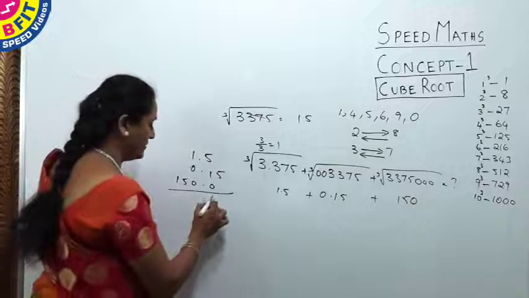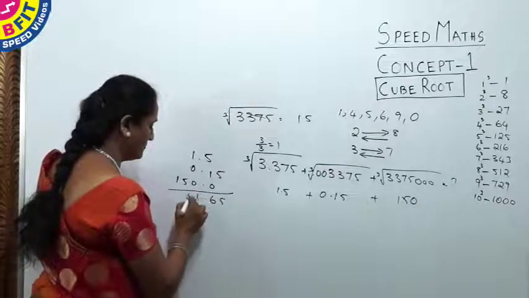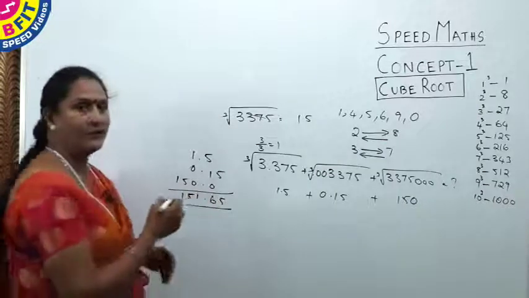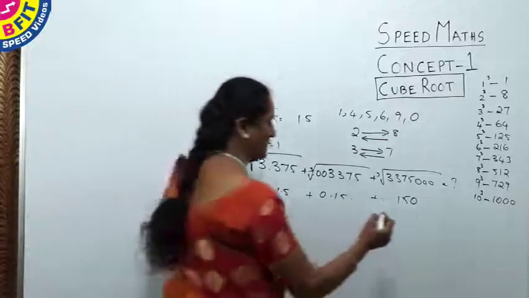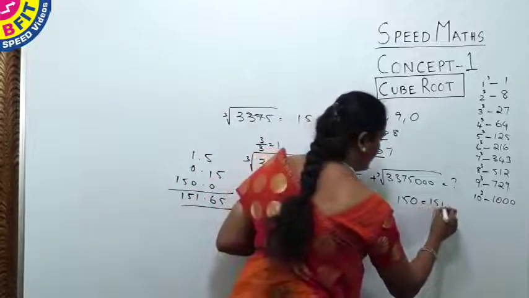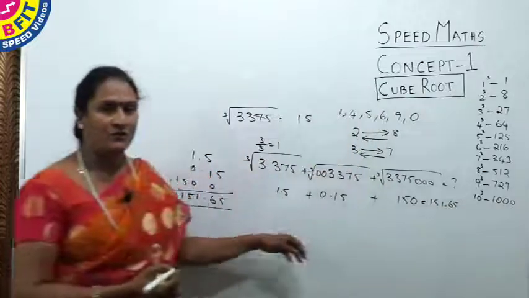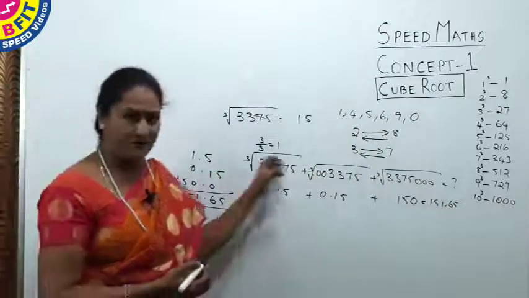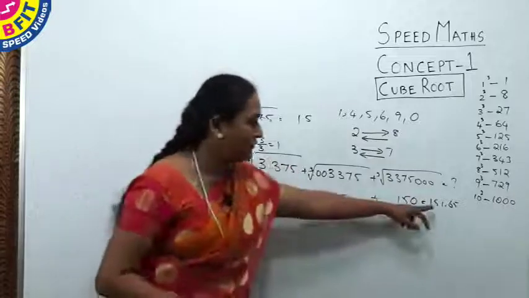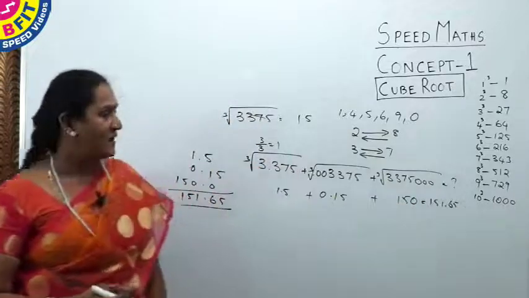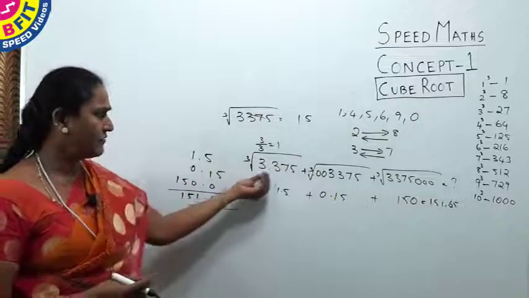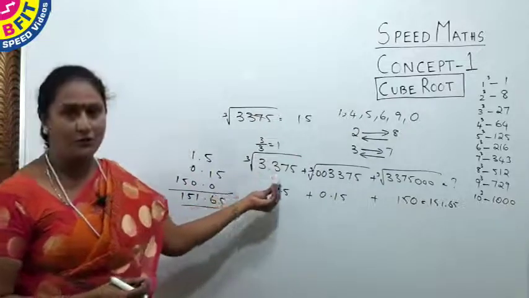The sum of these terms is 151.65 is the answer. So here they have asked for the cube root of decimals.